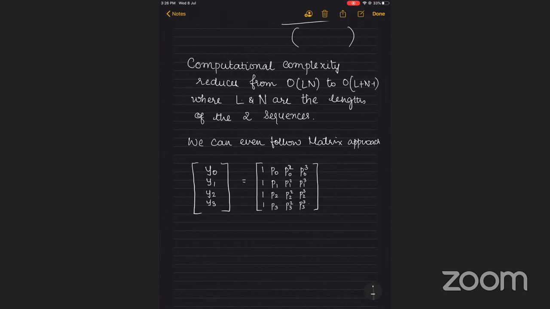This is what I have. I want to find out these coefficients.